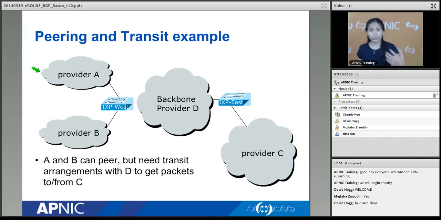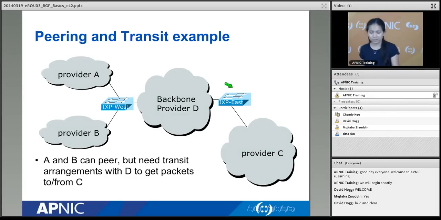Now, a bit more about prefixes in transit. We already have the definition, but this is just a diagram that shows us how it is. Here you have two providers, provider A and provider B. Both of them are connected to an exchange point, or an IXP. Provider C and provider D are also connected to another IXP. An exchange point is normally where you do peering.